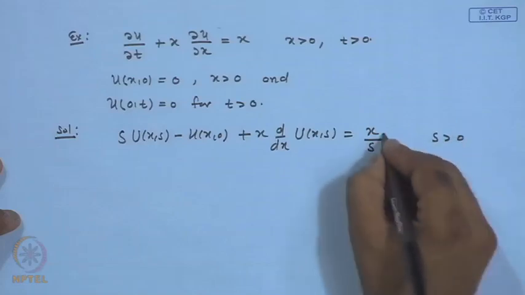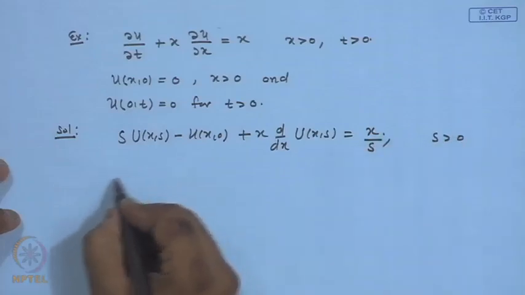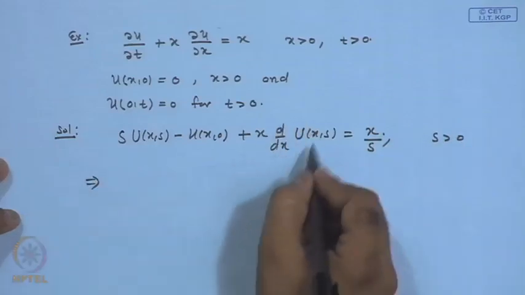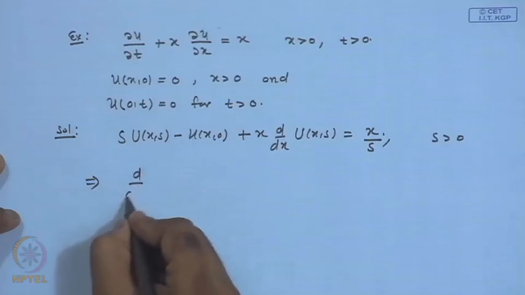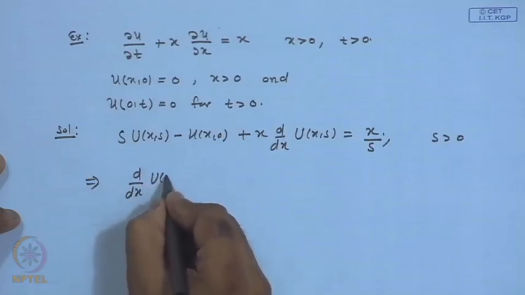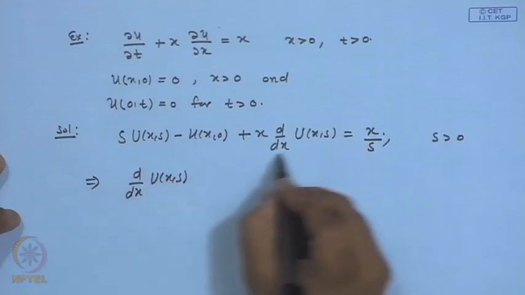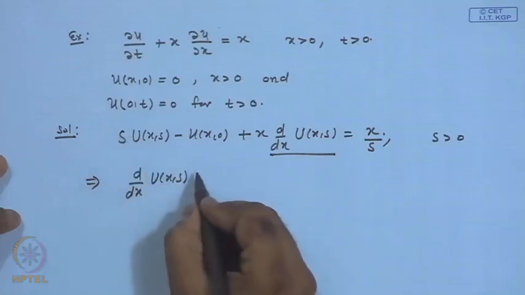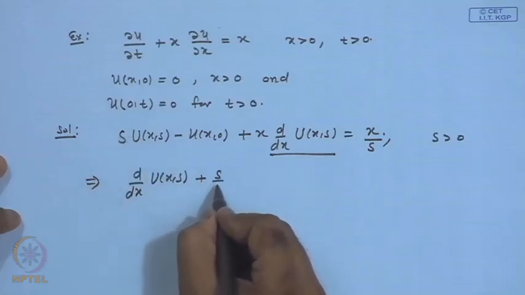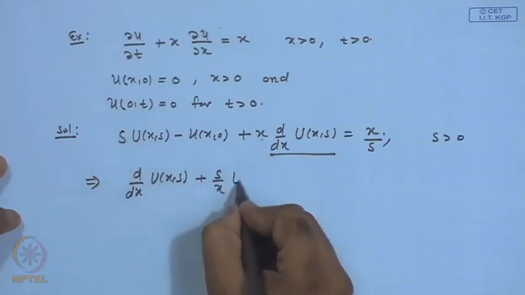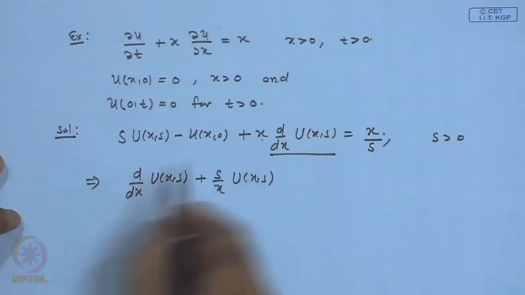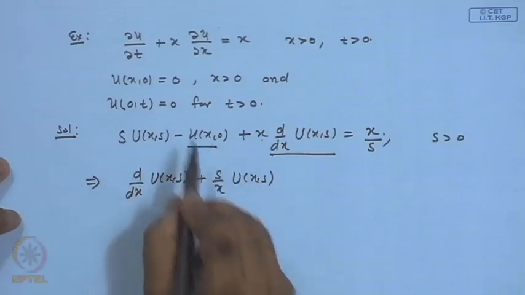So, for s positive, this will lead to the differential equation d over dx of u(x,s) plus s over x times u(x,s). u(x,0) is 0.